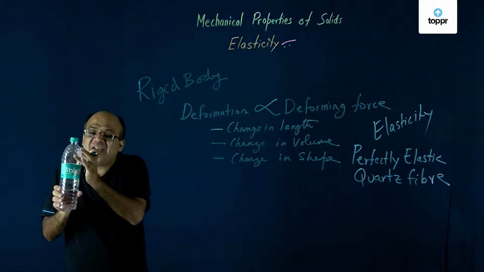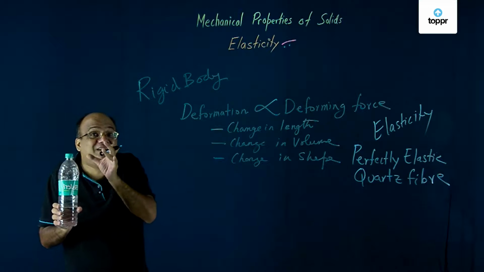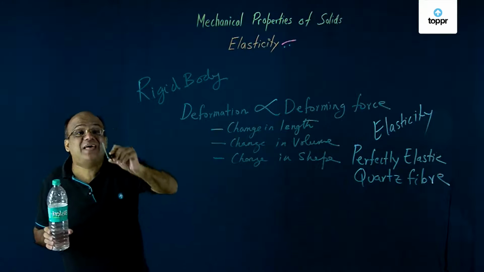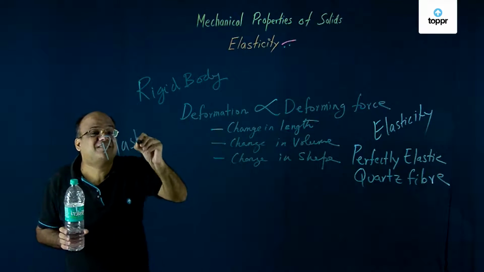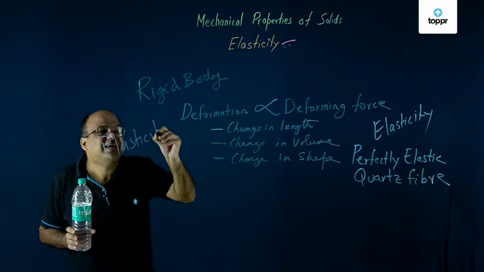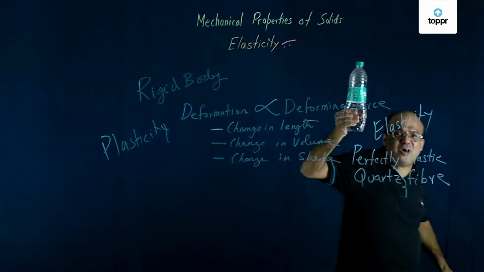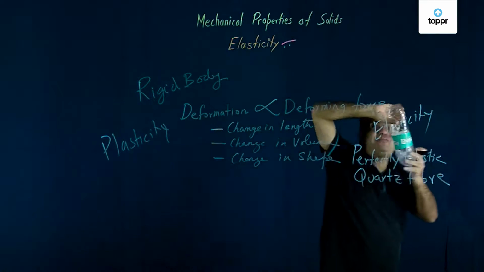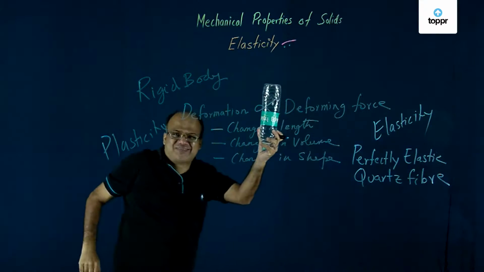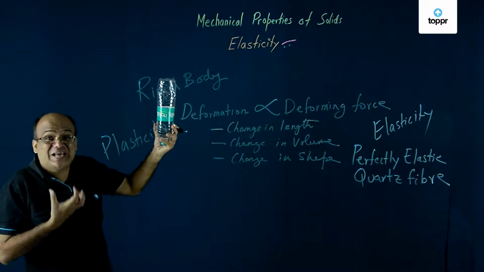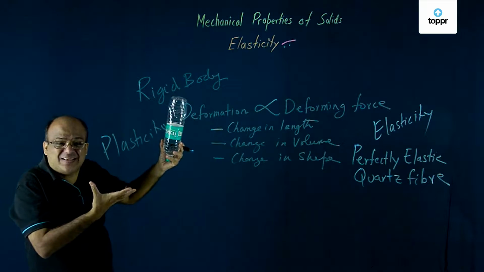This has a tendency to remain in the deformed state, and that is called plasticity. The tendency of a body to remain in a deformed state even after removal of the deforming force is called plasticity.